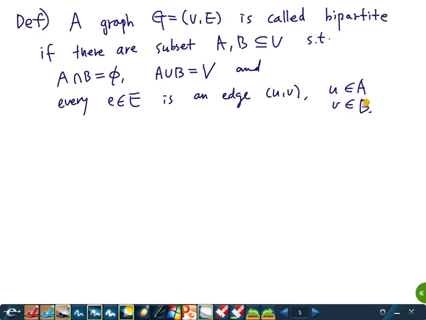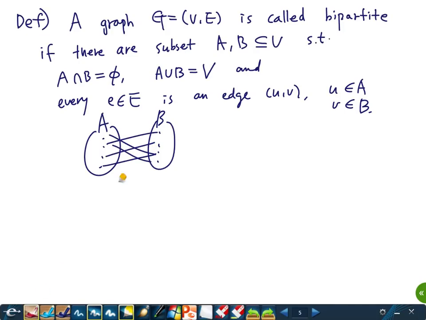In other words, you don't have an edge between two vertices from the same set. So you have A and B like that, and vertices like that, and edges always connect two dots from different sets. You don't have an edge like this; this is not allowed. If you can find two sets like this, then it's called a bipartite graph.